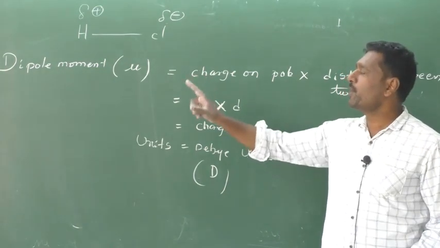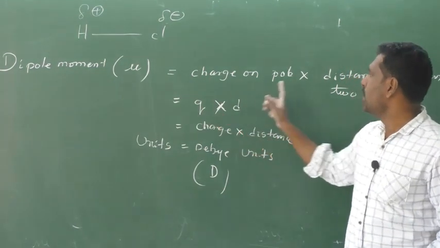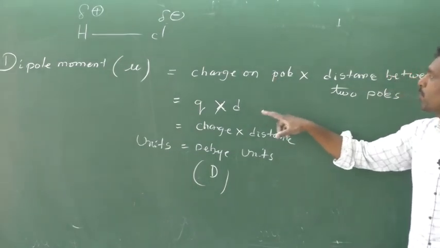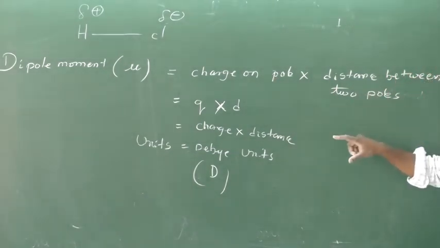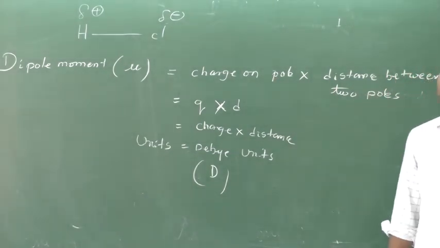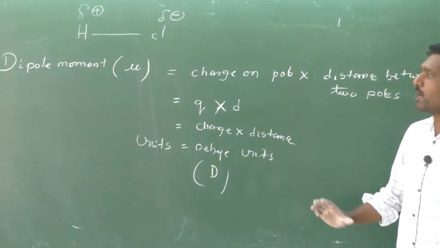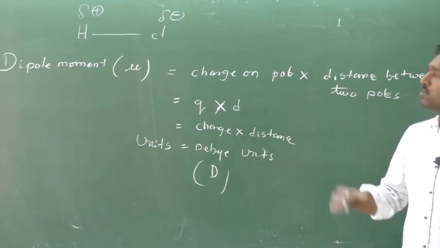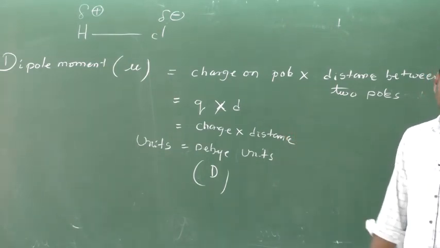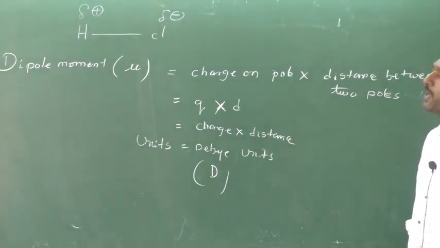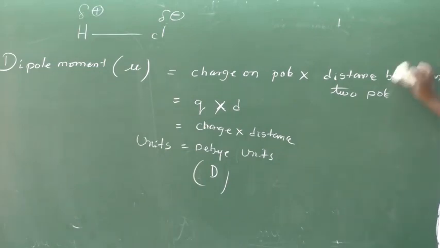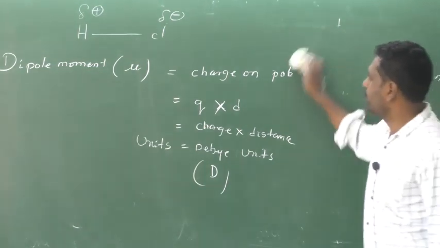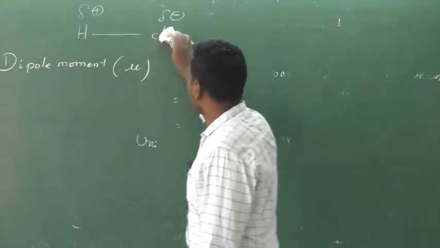Therefore, dipole moment is the product of the charge on one pole and the distance between two poles. It is denoted by small m or mu; in some books m, in some books mu. The units are dipole units.